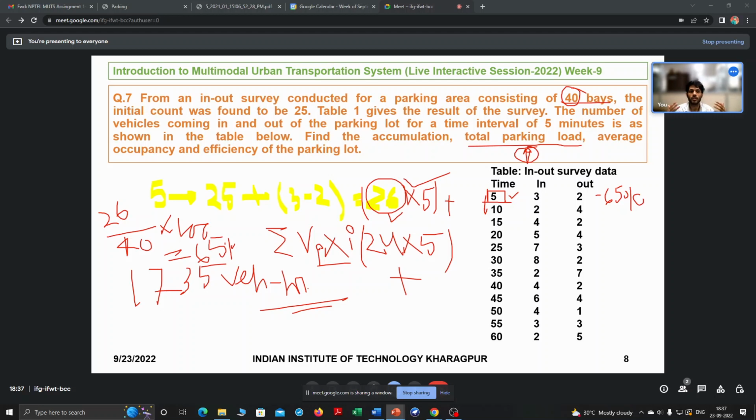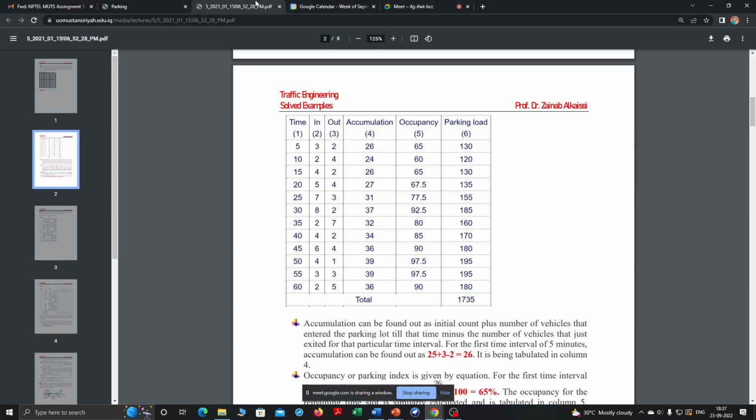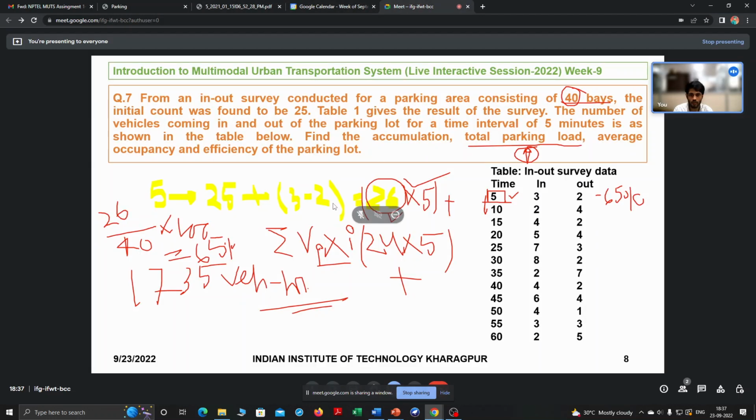Each 5 minutes it is changing, right? 26, then 24, then whatever value comes. Based on that you can calculate for all the values, and then take the average to find your average occupancy, right? So you calculate and you will get your average occupancy.